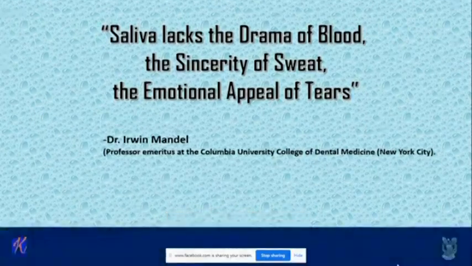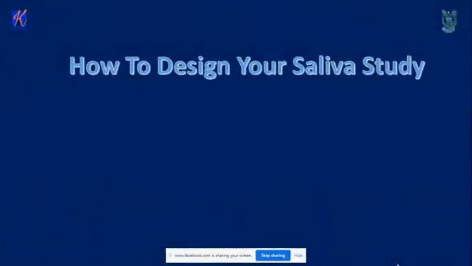Okay, so today we are going to discuss how to design your saliva study. That's very important because even before we think of saliva, we need to understand it, and even if we want to explore it, we need to understand what aspects we should be considering before we think of working with such a wonderful biological fluid.